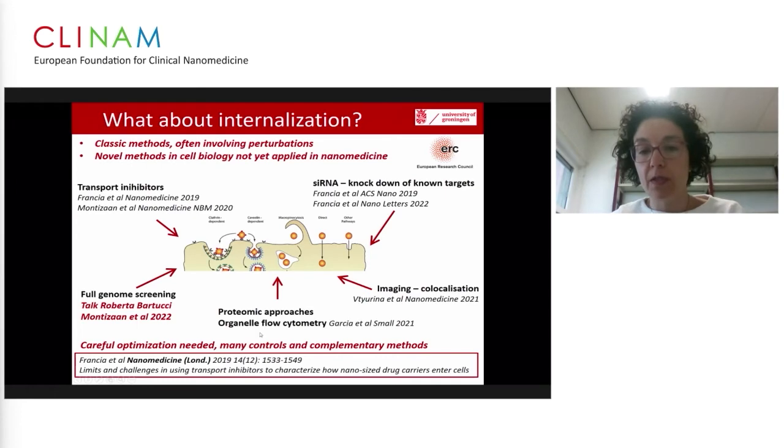We can use proteomics and organelle flow cytometry, live cell imaging and colocalizations. But of course, there are also classic methods to study the mechanism of uptake using transport inhibitors and silencing to reduce the expression of key proteins involved in endocytosis. And with appropriate optimization, we try to use combinations of these methods to understand the mechanism of uptake.